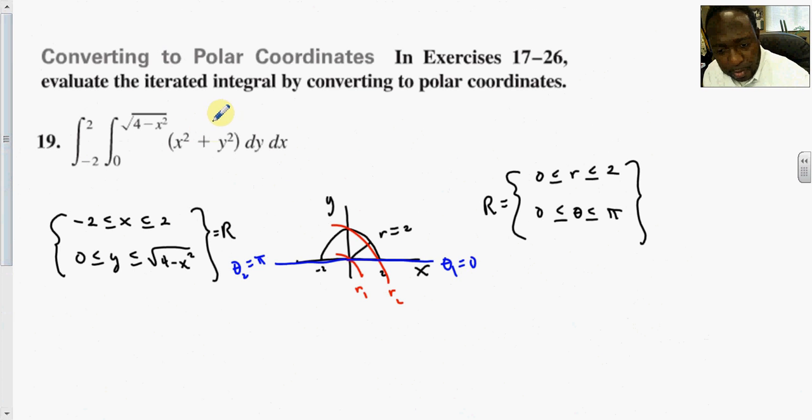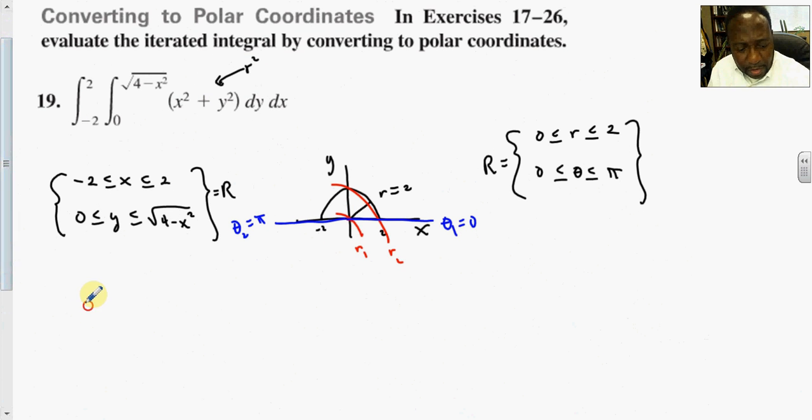Now this x squared plus y squared is directly r squared for polar coordinates, right? We have that directly, x squared plus y squared is equal to r squared. And so if that be the case, then we convert this double integral.